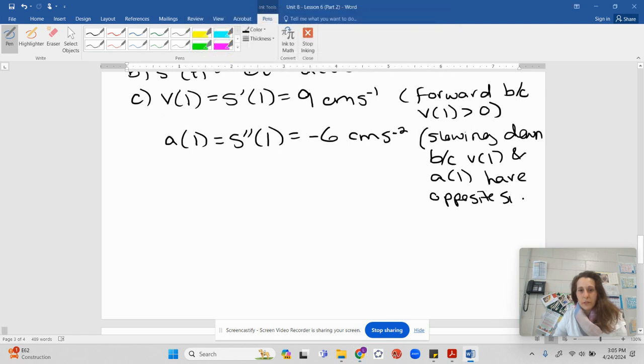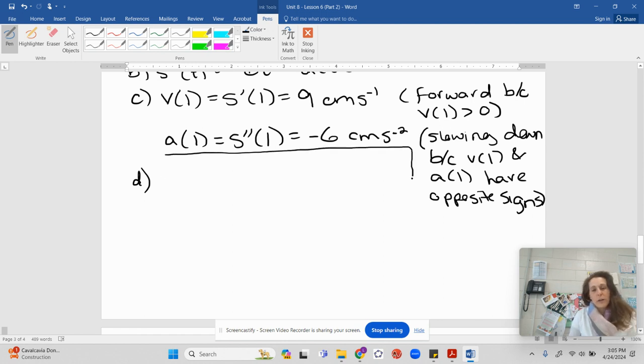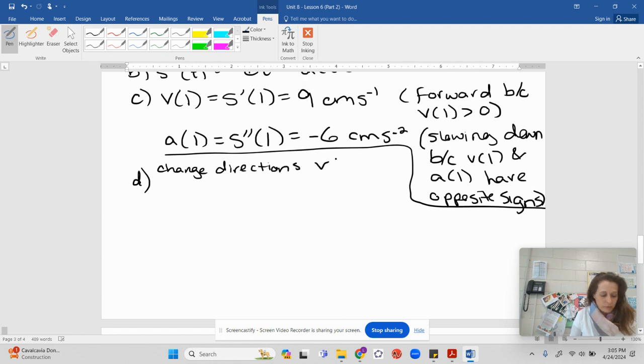Let's look at the next question. D. You can see it on your paper, I hope. When does the object change directions? For the object to change directions, two things have to happen. Some people just say the velocity has to be 0. Well, not just that. It changes directions when the velocity is 0 and velocity changes signs.